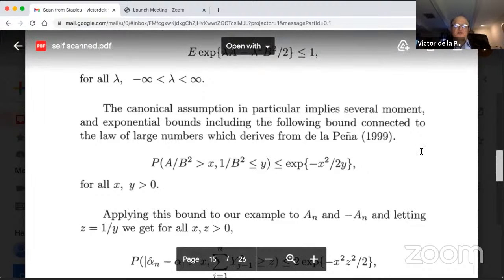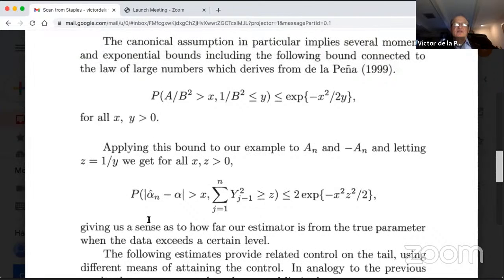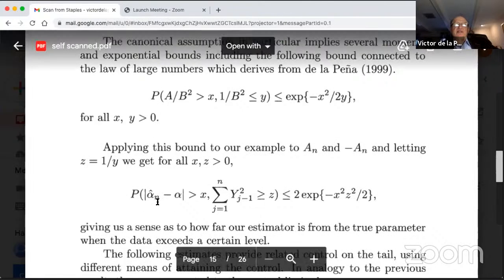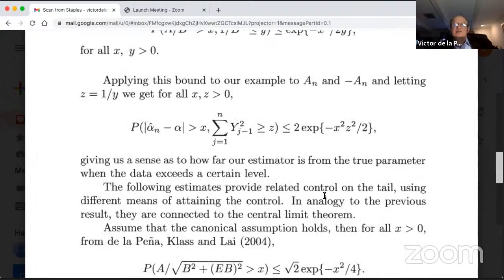In the case of the autoregressive process, we can apply this bound, the bound on An and minus An, to obtain that the probability that alpha n hat minus alpha in absolute value is bigger than X, and the sum of yj minus 1 squared is bigger than C, is less than or equal to e to the minus X squared C squared over 2.